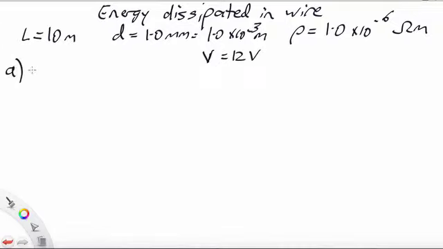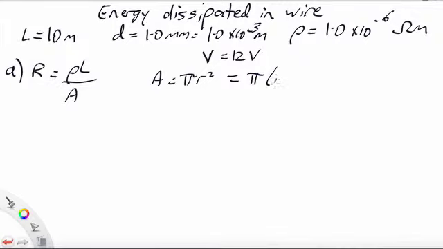So let's start with resistance. Resistance equals ρ L over A. And A equals pi r squared equals pi times half the diameter, which is 0.5 by 10 to the minus 3 squared, equals 7.85 by 10 to the minus 7 square metres.